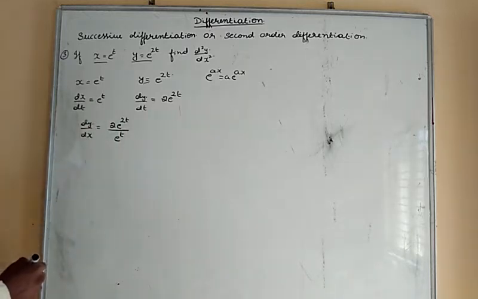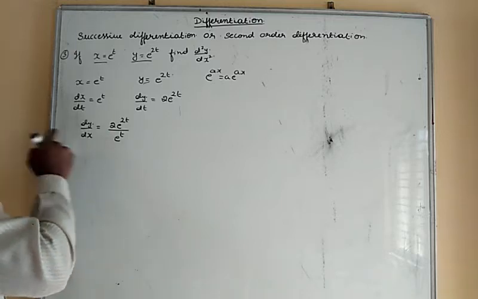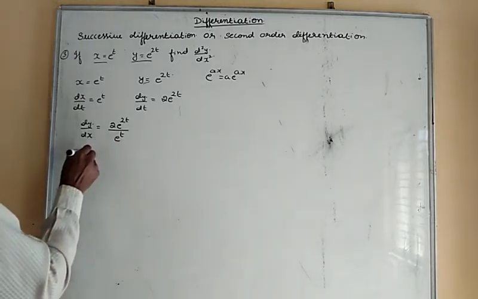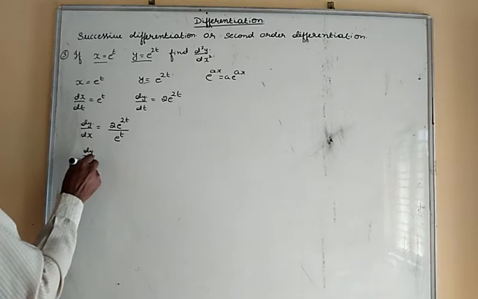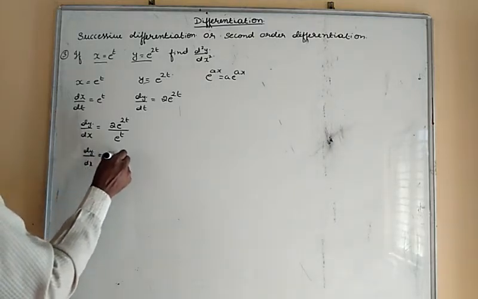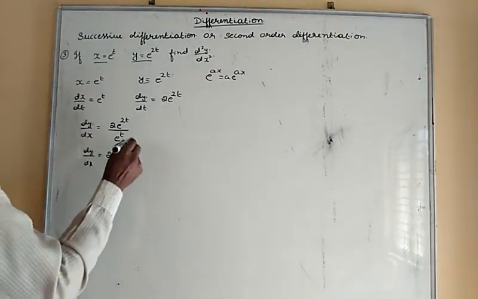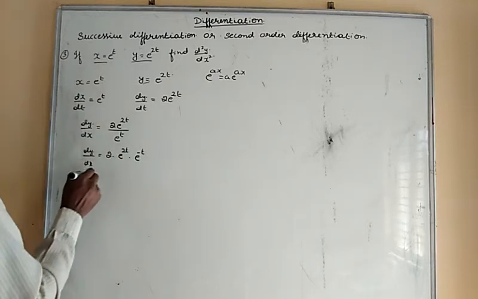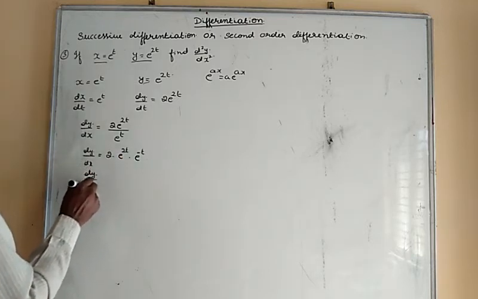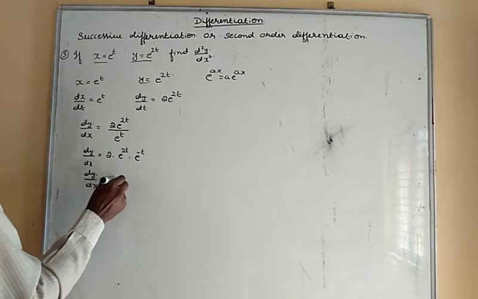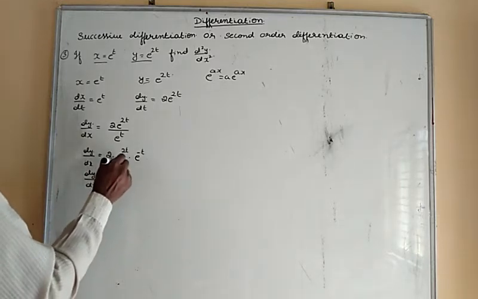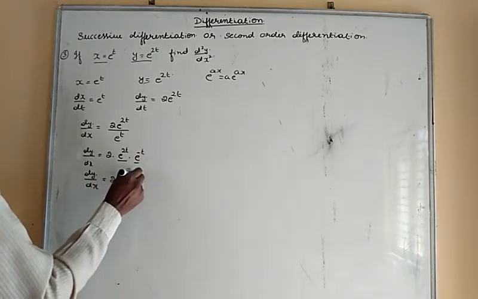So we got the first order differentiation. If you take it to the numerator, we can write 2 into e to the power of 2t, e to the power of minus t. Then dy by dx is equal to 2 into e to the power of, the bases are same, 2t minus t.